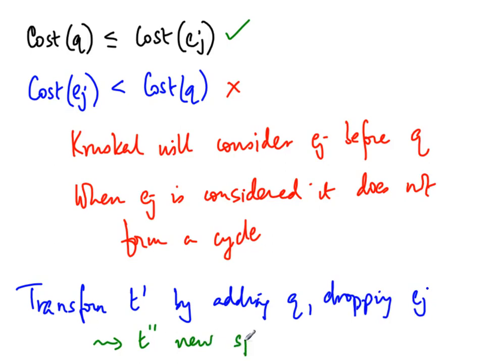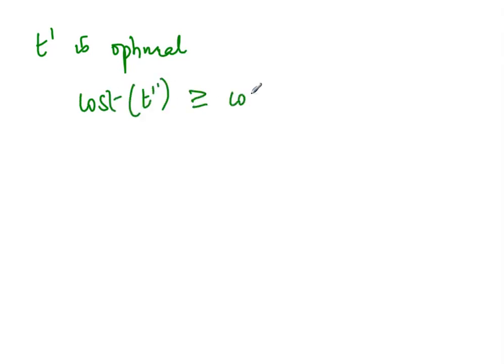This is not difficult to argue, and we will leave it as an exercise to prove this. What about the cost of T prime? Well, we know that because T prime is optimal, the cost of T double prime must be bigger than or equal to the cost of T prime, because I cannot construct a smaller tree than T prime by the definition of T prime.